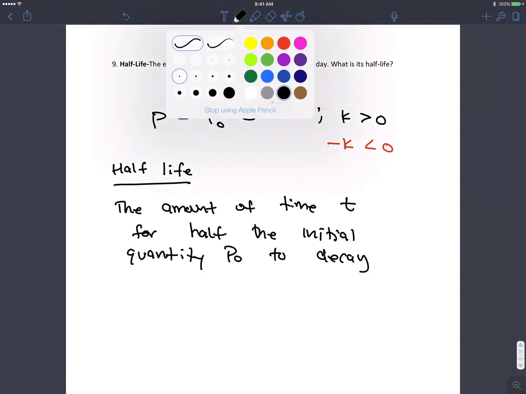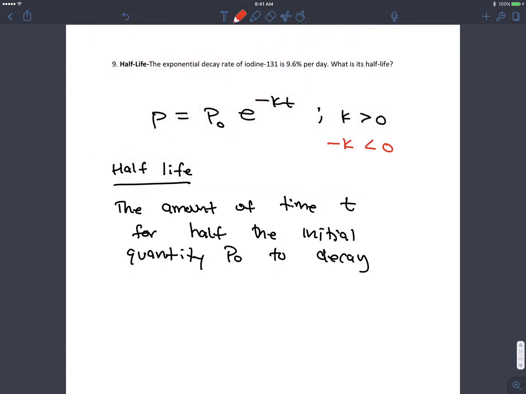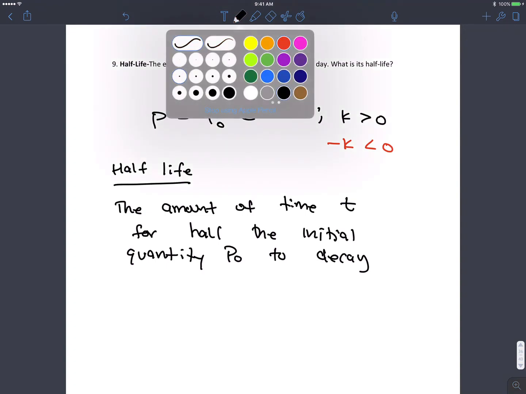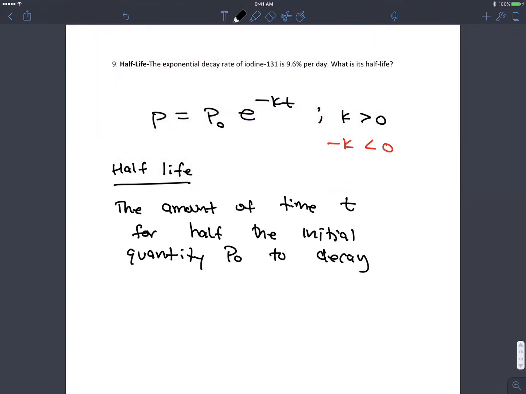So the key here is this. Half the initial quantity called P naught.